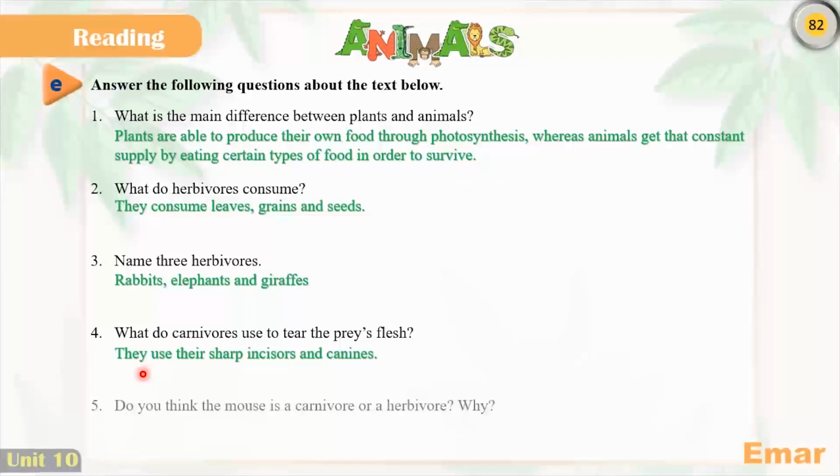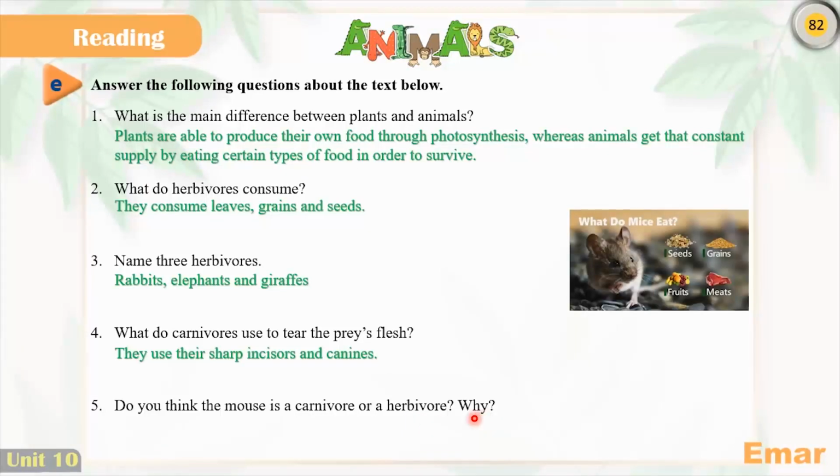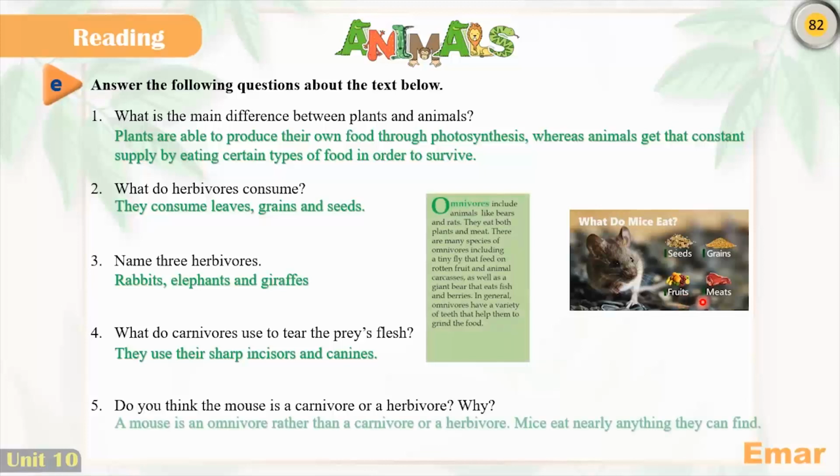Do you think that the mouse is a carnivore or a herbivore, and why? A carnivore is an animal that eats meat, and a herbivore is an animal that eats plants. But mice eat both, right? They eat anything they can find. So they are omnivores rather than a carnivore or a herbivore.